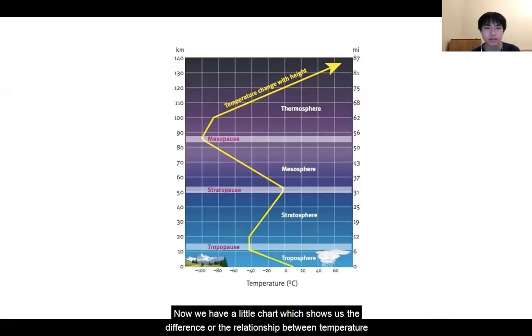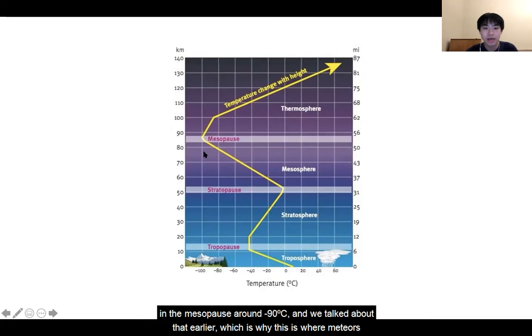So now we have a little chart which shows us the relationship between temperature and height from the ground in the atmosphere. So we can see that the temperature reaches a low point in the mesopause around minus 90 degrees Celsius.